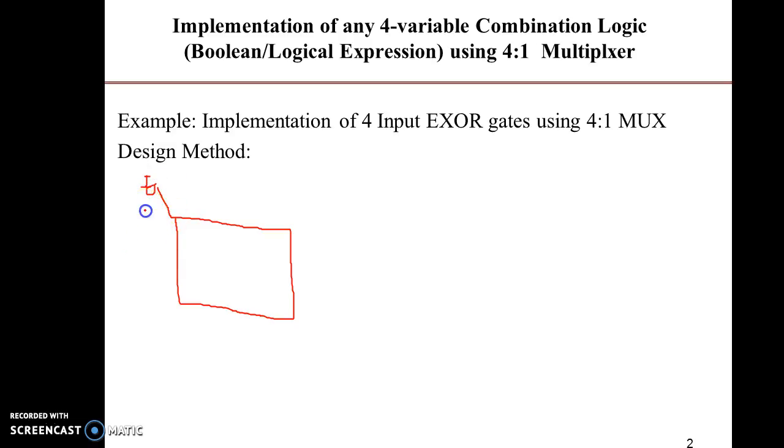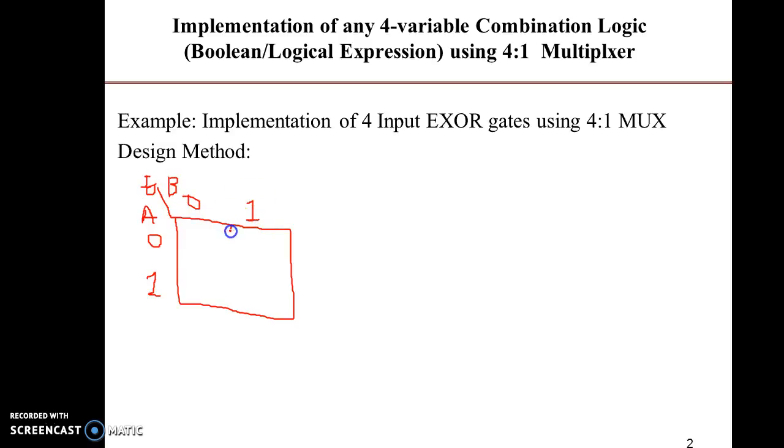This time the eliminating variables are A and B. A can store a 0 and also a 1, and similarly B can store the value 0 or 1.